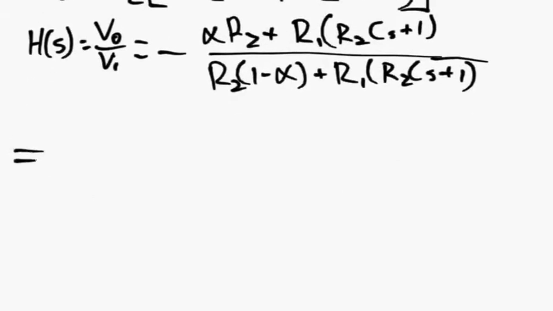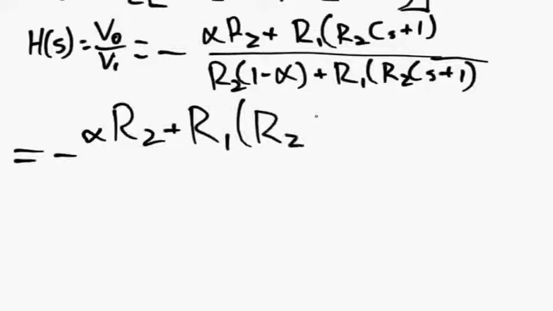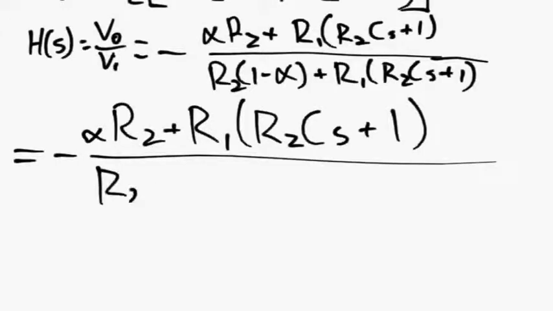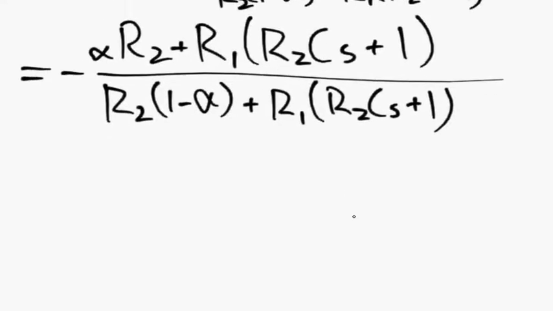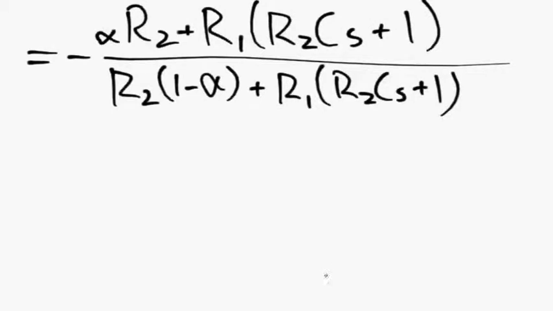So let's rewrite it really clearly first. Alpha R2 plus R1 times R2CS plus 1, divided by R2 times 1 minus alpha plus R1 times R2CS plus 1 again. So this fraction would look better and teach us more about the circuit if we could get S by itself in both of these.